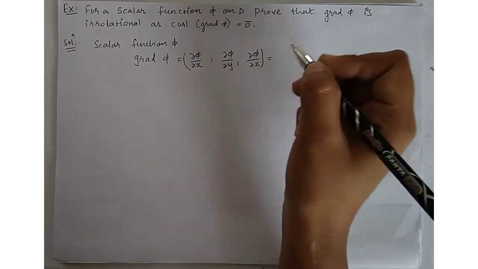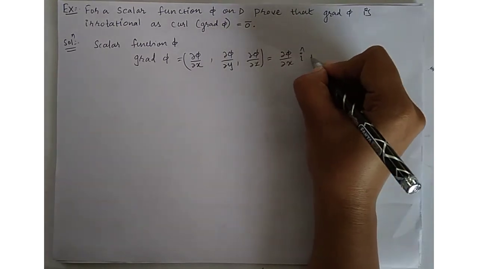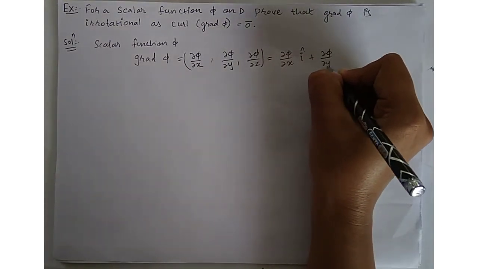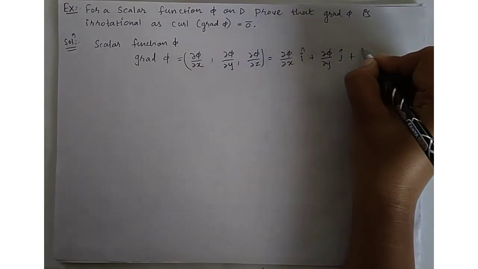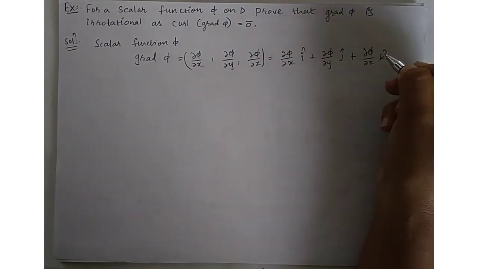You can write it as del phi by del x i caret plus del phi by del y j caret plus del phi by del z k caret.